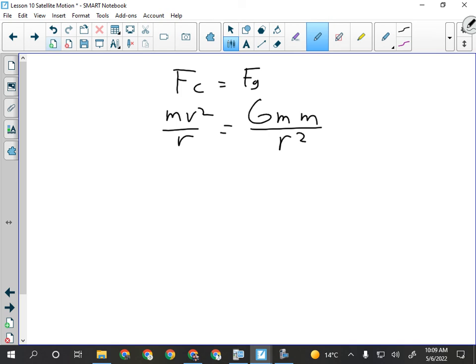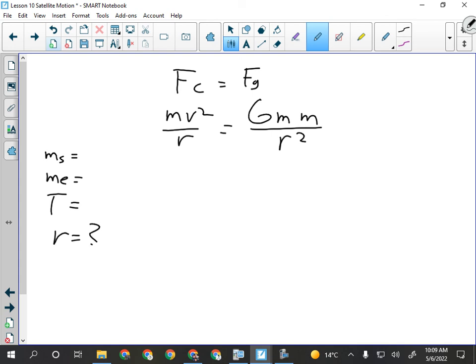So if a question gives, let's say, it gives me the orbital period and asks me for radius, okay, it might look something like this. So it would give me the mass of the satellite, it would give me the mass of the Earth, obviously because I always have that, and it would give me the orbital period, and then ask me to find radius.